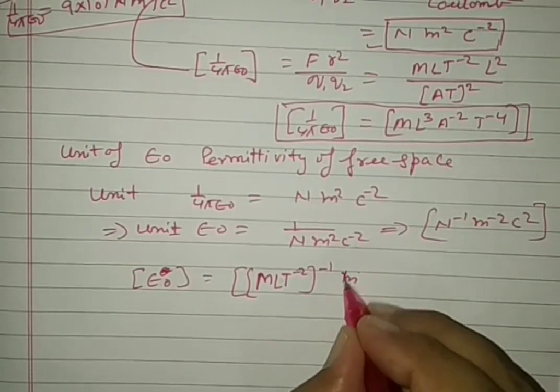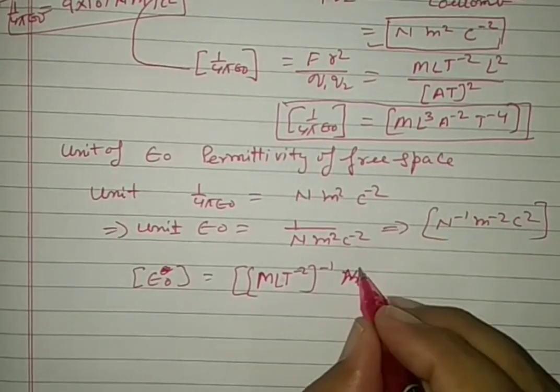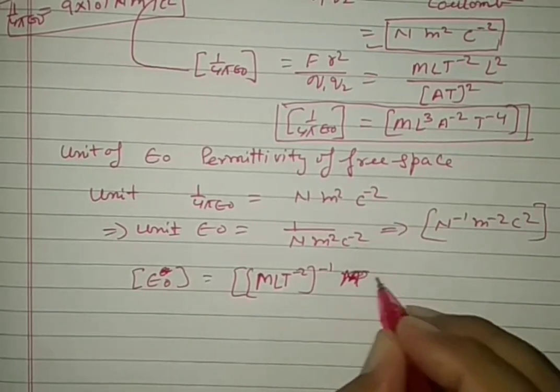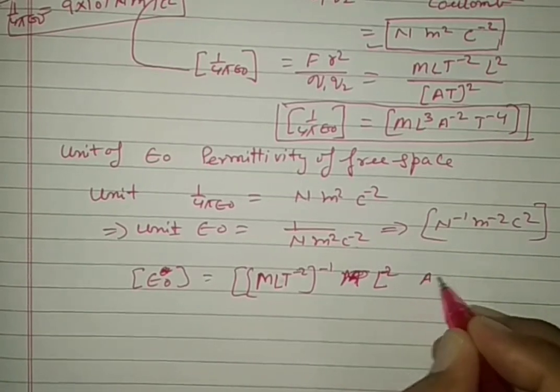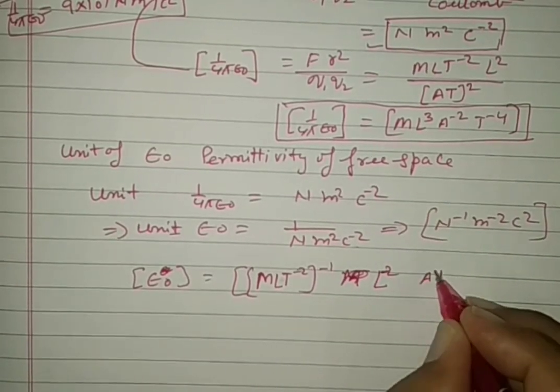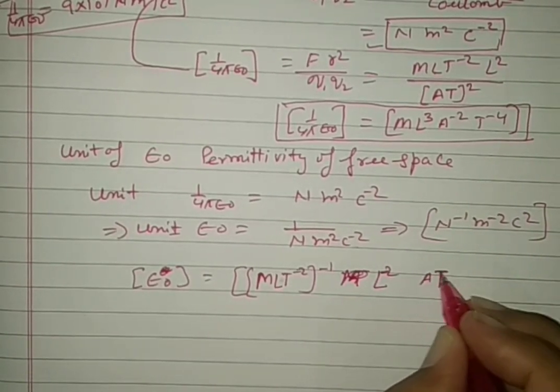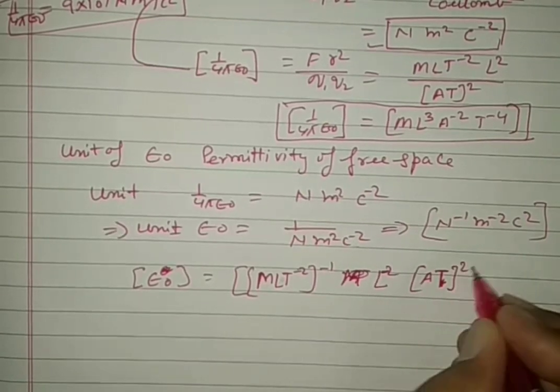Meter square, L to the power 2 minus 2. Coulomb is A T, coulomb unit dimension is A T to the power 2.